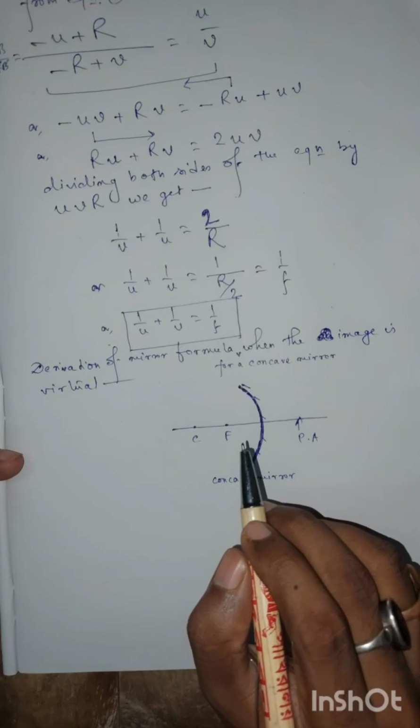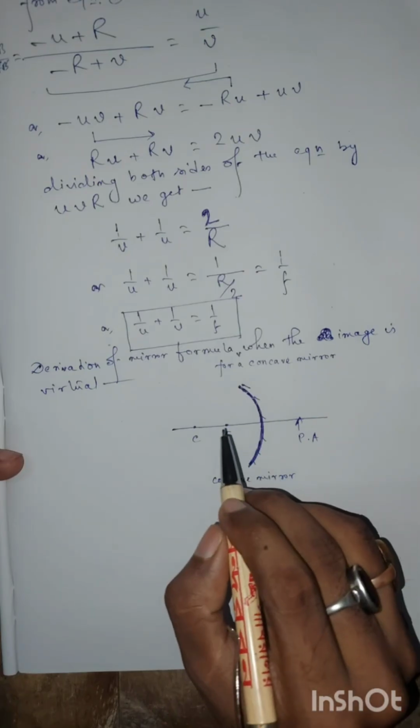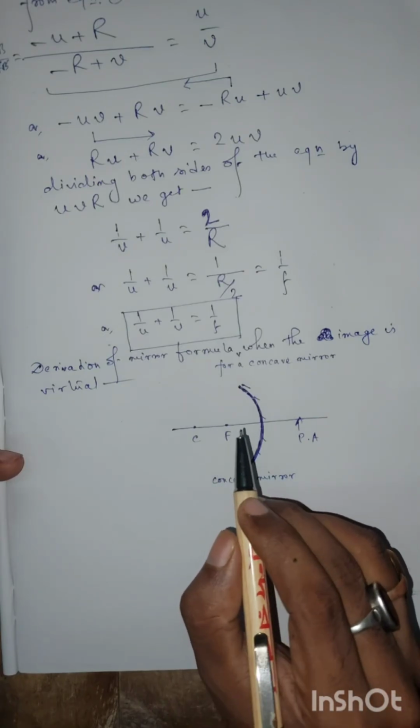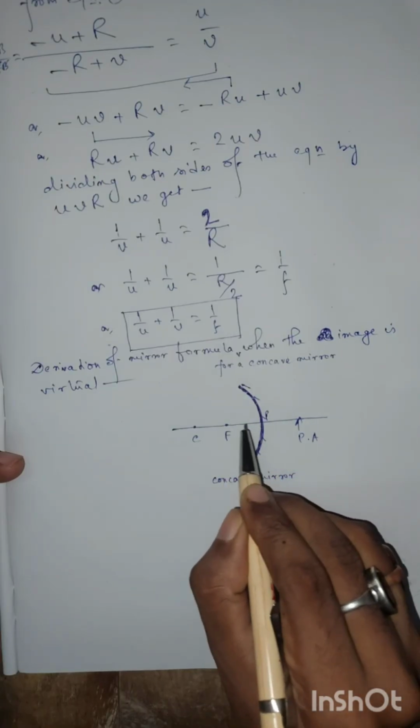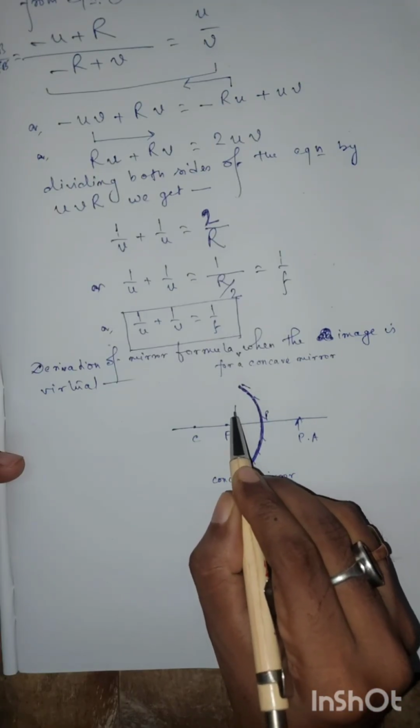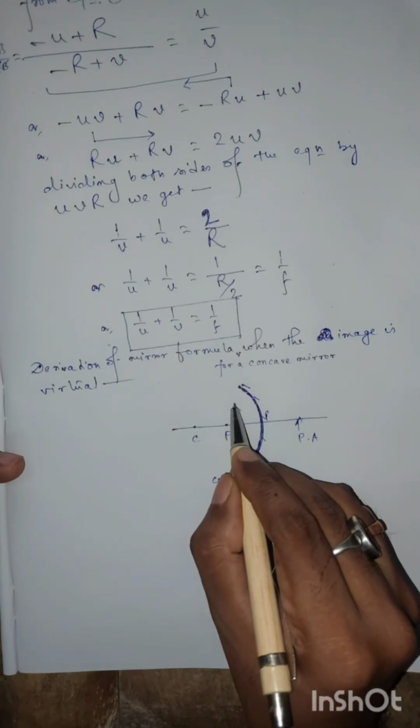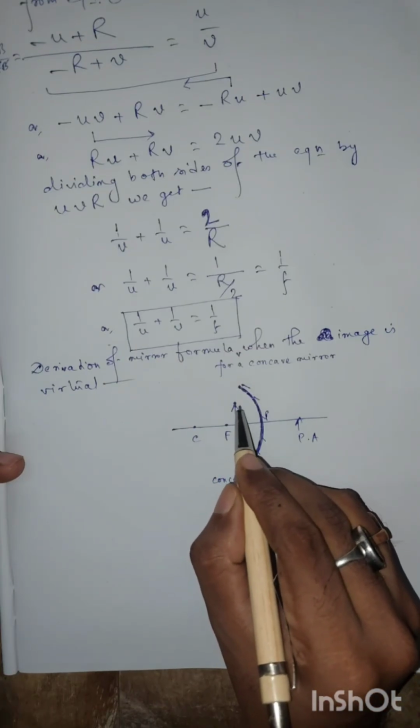Let us assume an object is placed between the pole and the focus, and from this point two rays are coming out.